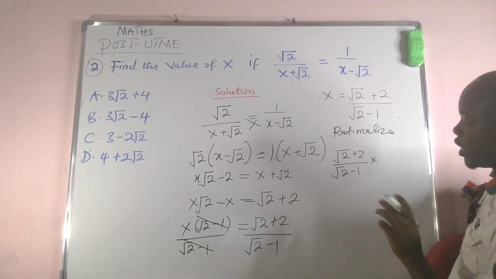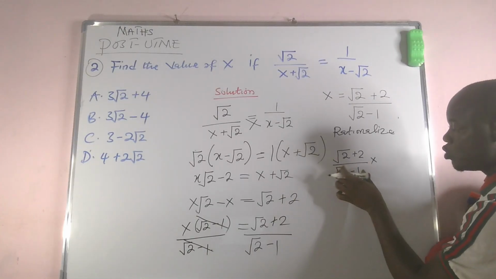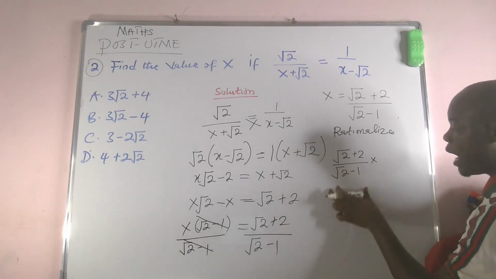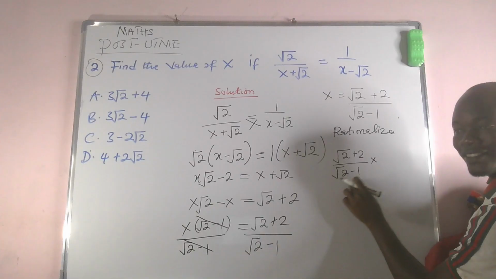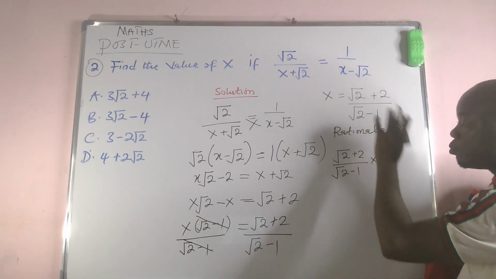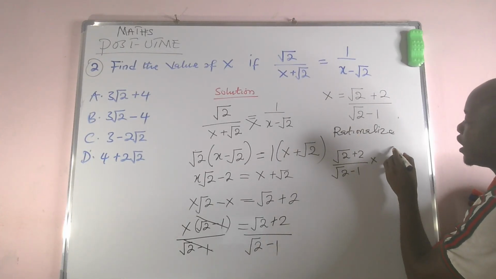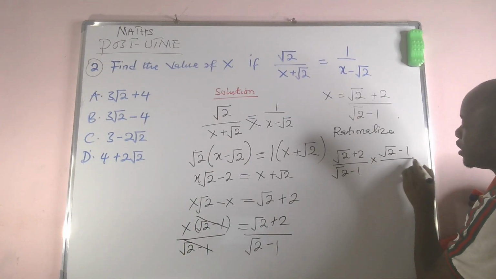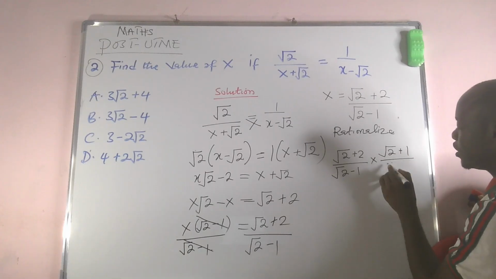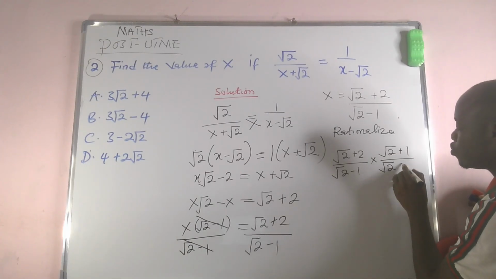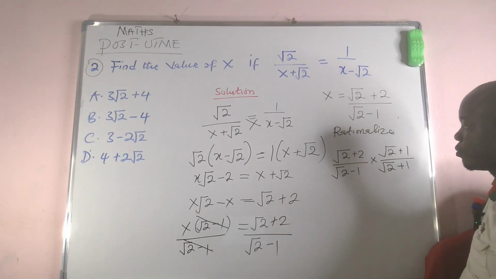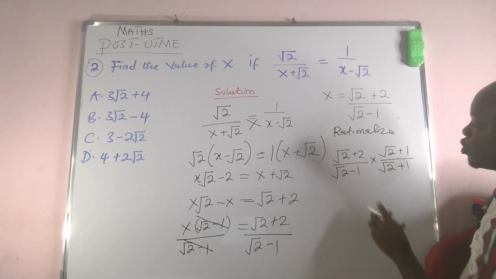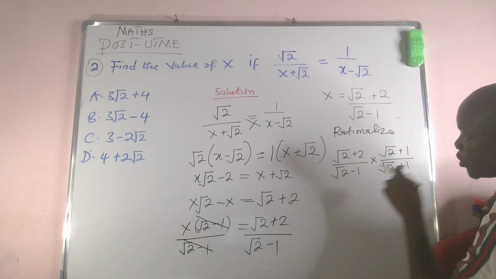So then we are now going to rationalize. So this is minus. So we are going to take this, the same term, but with positive sign. So we are going to multiply it both in the numerator and the denominator. So we have root 2 minus 1 divided by, plus 1 divided by root 2 plus 1. So what are we going to do? We are now going to rationalize. So how are we going to rationalize?